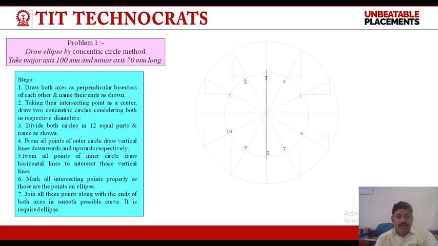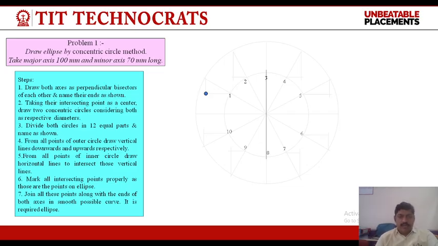From all points of the outer circle, draw a vertical line which is parallel to the center line. From the upper part of the circle, draw a vertical line toward downward, and from the lower part the line will be moved toward upward. But both times the line is parallel to the center line.